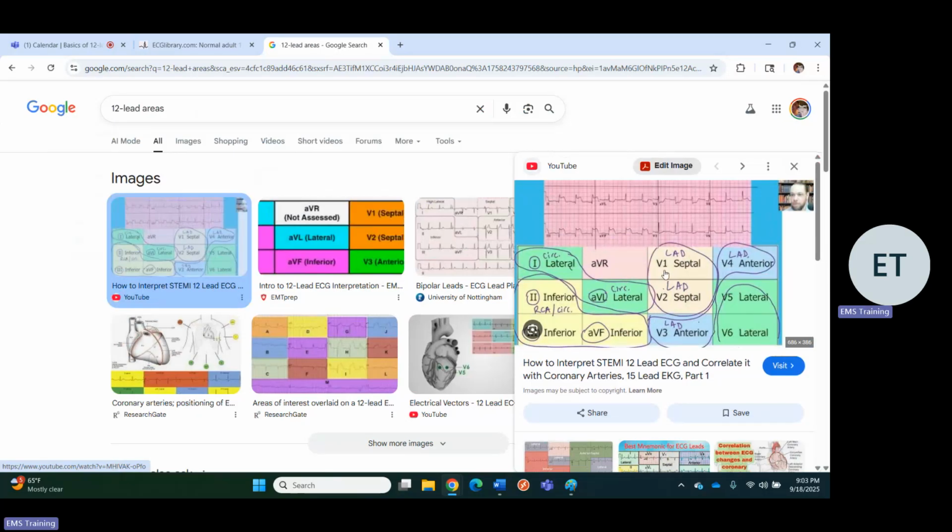Of course, V1 and V2, LAD. But if V2, V3 has elevation, would you say it's not 2 or more contiguous leads? Yeah, they are contiguous. They're right next to each other. Anything in the precordial section, here to here, here to here, is consecutive, in my opinion.